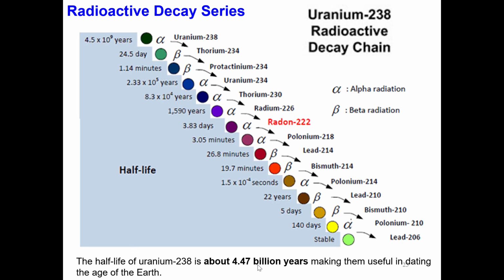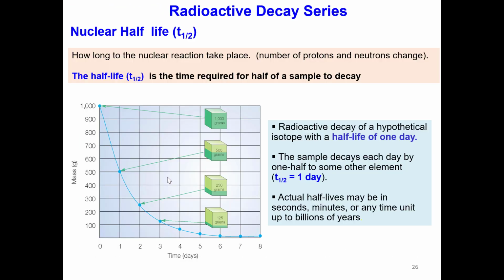It's a huge time, yes? And because the half-life is this big number, this radioactive decay chain is useful in dating the age of the Earth. Now let's describe what the half-life is.